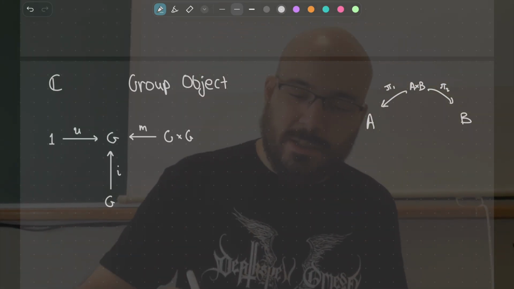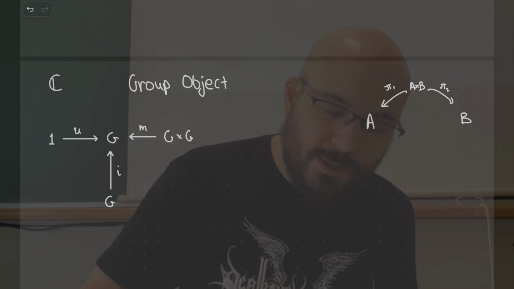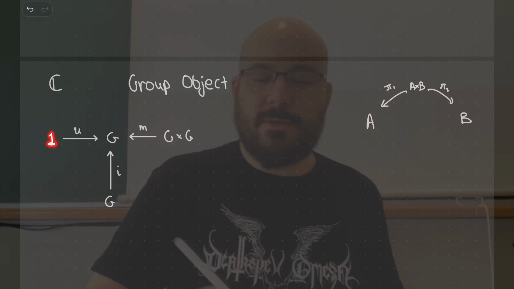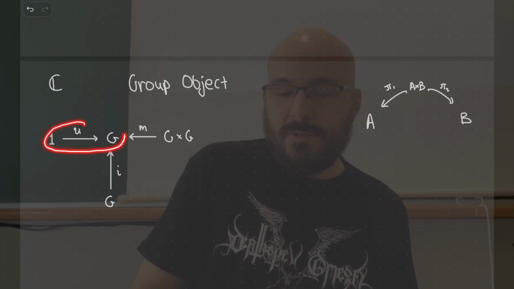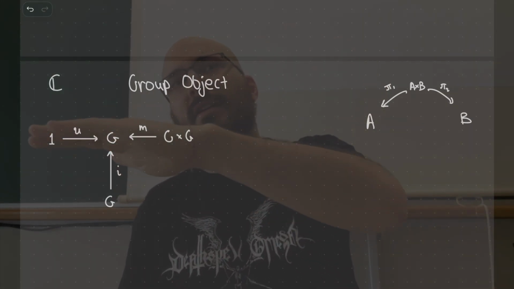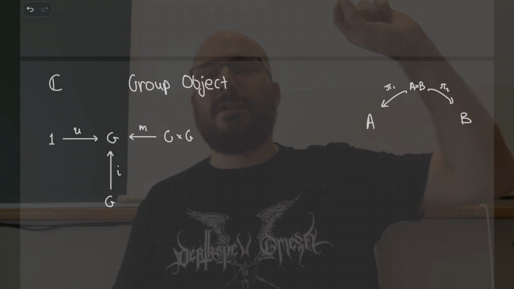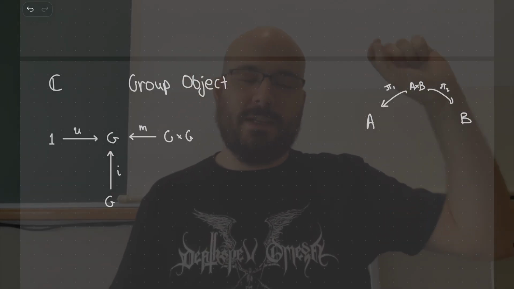Okay, let's pause and see if we understand everything I have written here. So remember, 1 stands for a terminal object, and we have seen this idea that if I have arrows from the terminal object into something, it's like picking, fixing a static element there.